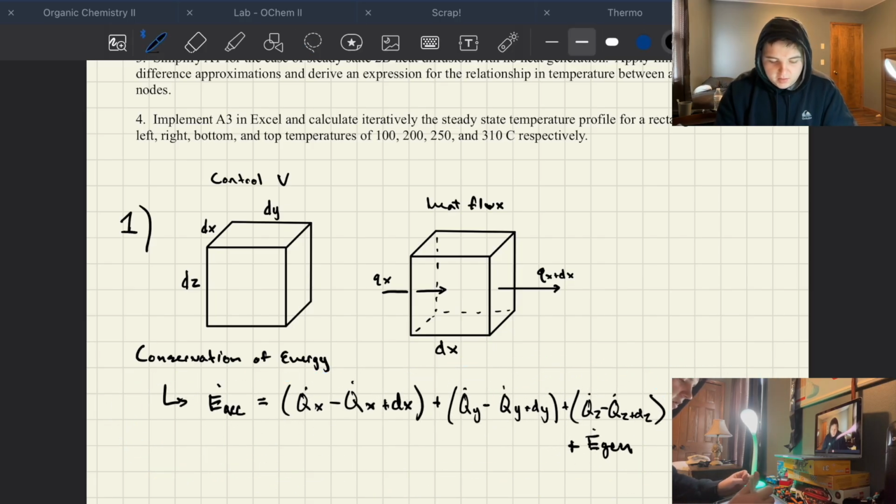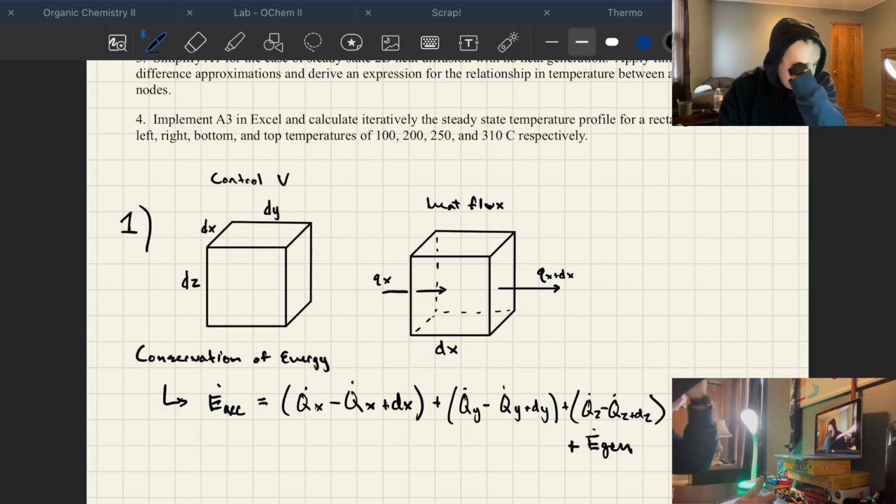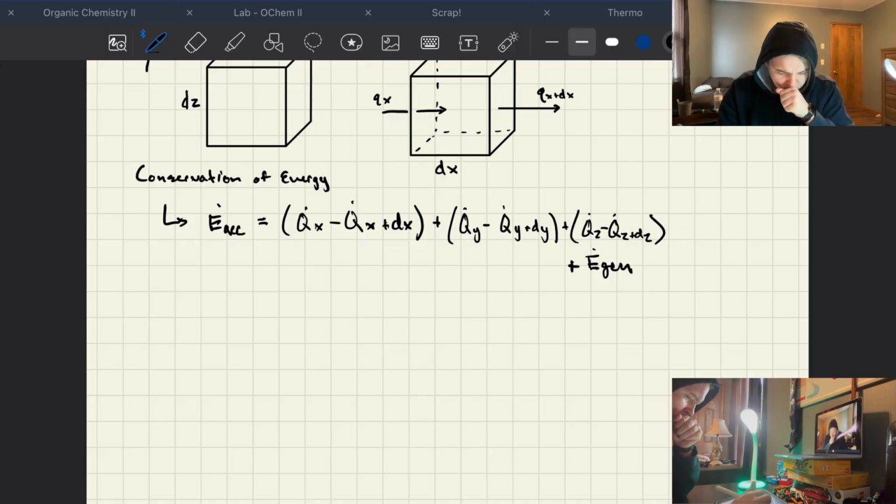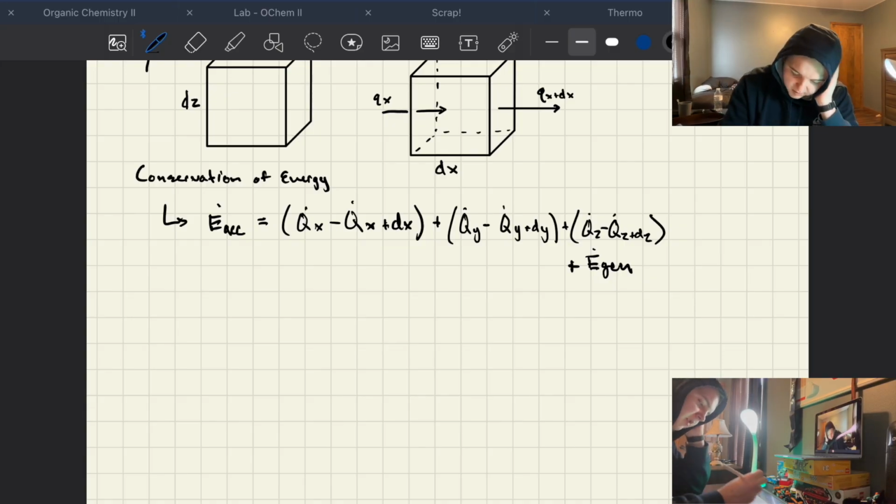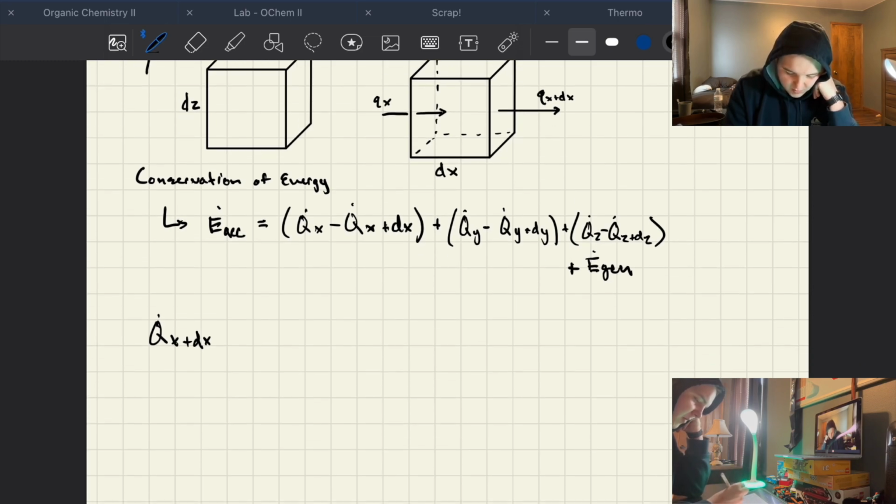And then what we can do with this is Taylor expand it. So after we do a Taylor expansion, we're going to expand the x plus dx, and we're just going to assume this is the same for all sides because it will be.